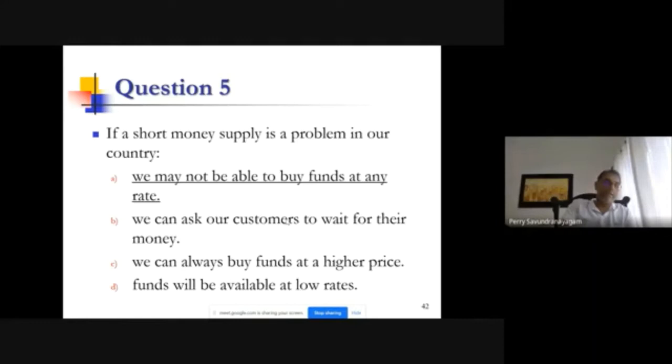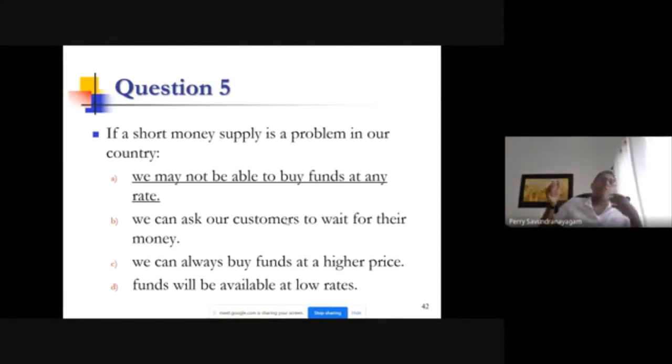So if you are in that situation, or it could be that you're in trouble in a worst case scenario, and because there's a shortage of money supply in the market, you are not the topmost person they will want to lend money to because your credit rating is not the best. So you may not be able to raise funds at any rate.